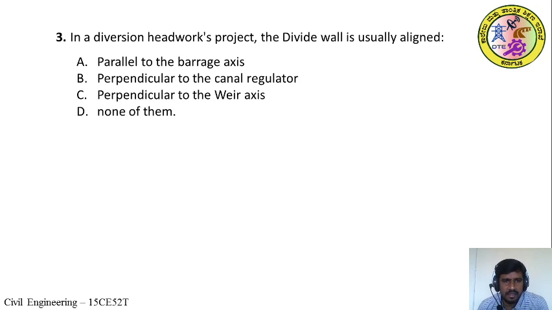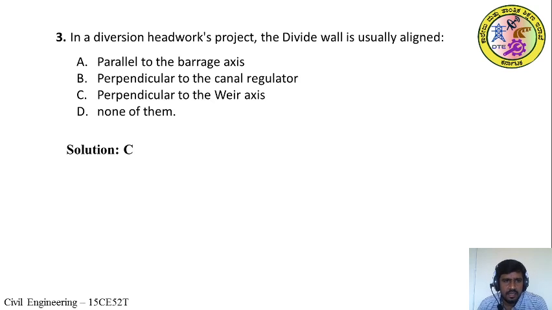Dear students, try to answer this. So this divide wall is usually aligned to which one? Okay, let's see the option. Answer C. This divide wall is usually aligned perpendicular to the weir.